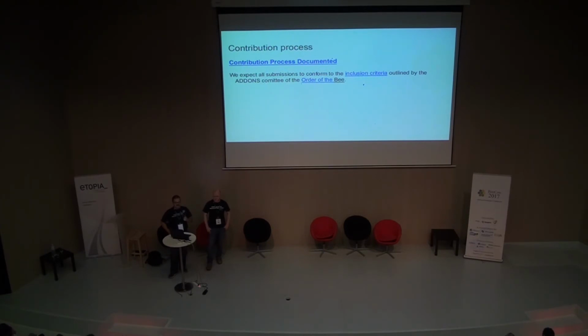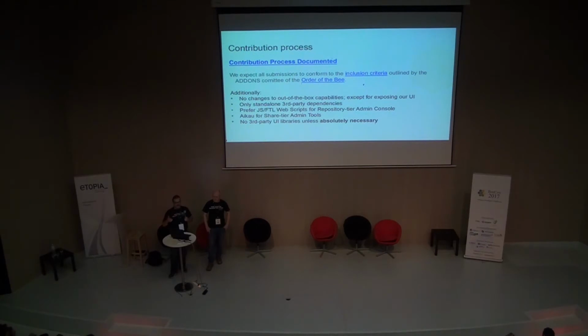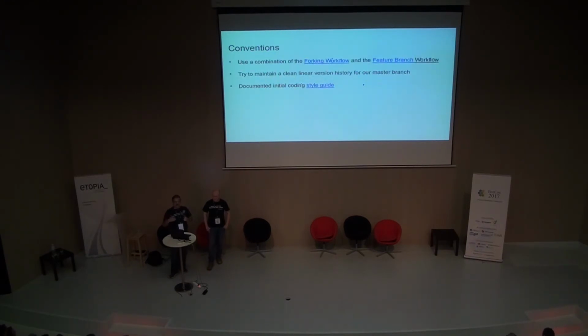Part of what we're doing for that is using a documented contribution process. We're using the Order of the Bee proposed add-ons criteria with some additional things like you shouldn't change any of the out-of-the-box functionality, restrict your third-party dependencies, and so forth. And this is all documented on the project, so it should be easier for people to join the team and add things quickly.